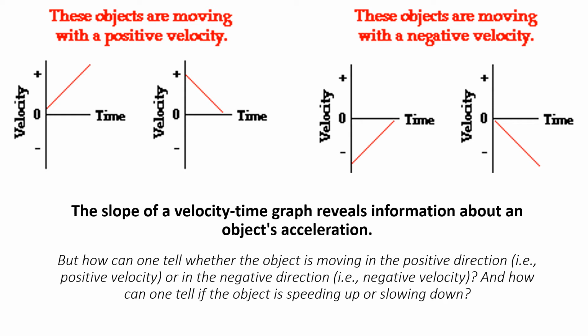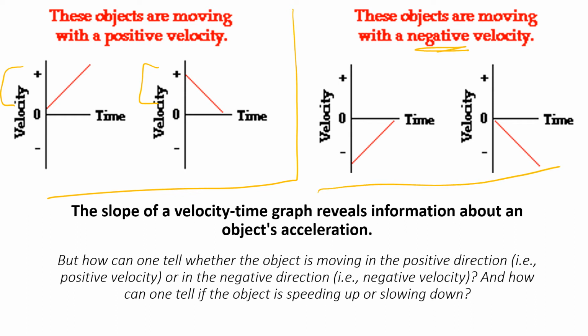All of these objects over here have a positive velocity, because their velocities are in the positive section. These objects are moving with a negative velocity, as you can see their velocities are in the negative section on the y-axis.